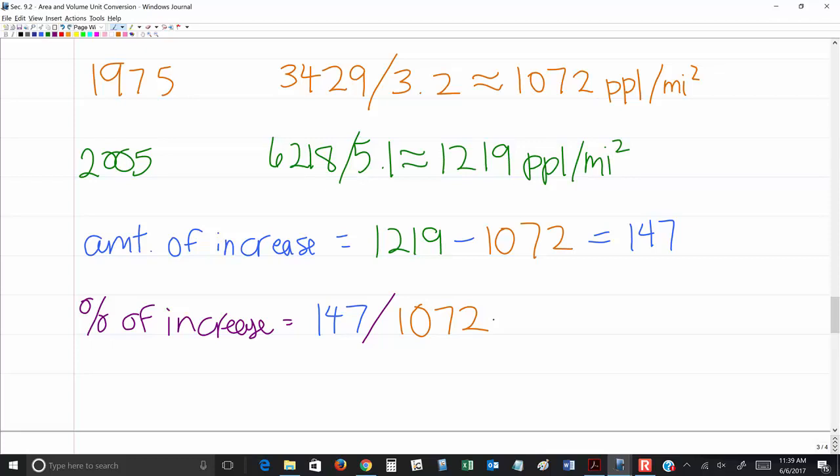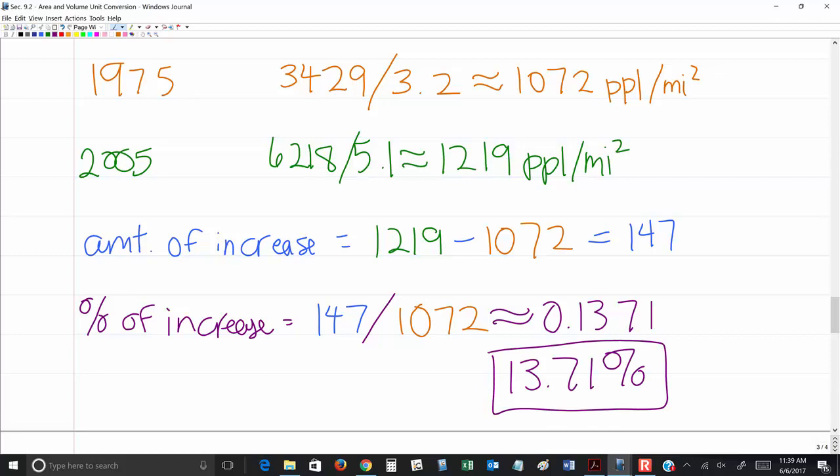So that is approximately 0.1371 or 13.71% increase in population density.